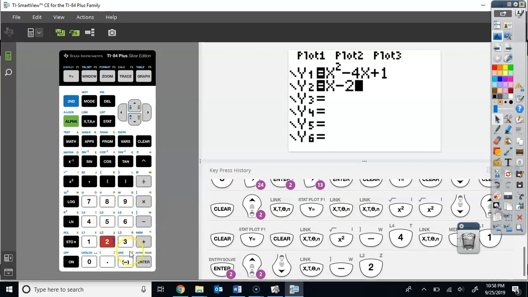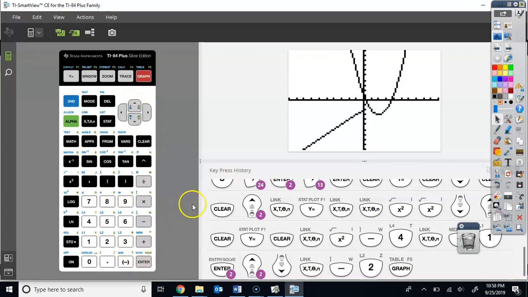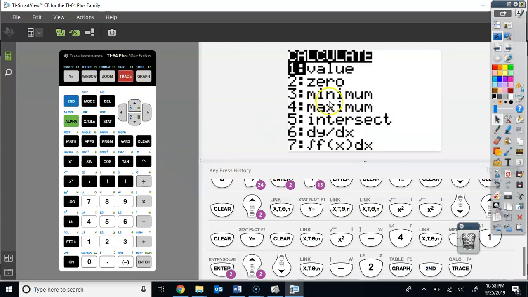And I want to find out where they cross each other. If I graph it, I'll see, like we did over in the notes section, that they cross each other, but it's hard to see where they cross. Here's where you hit second, go to calc or trace button, and you can find the intersection.